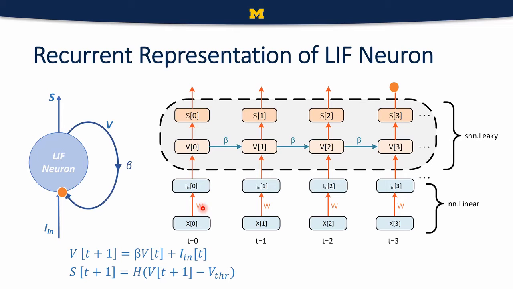W is your parameter, it's your neural network weight. You multiply these together, then that becomes your input current. Now, of course, you could have many, many inputs here that are all summed together, but that's where your learning comes in. And if you're familiar at all with PyTorch, this is simply a fully connected layer that can be represented by nn.Linear. You can concatenate that with a leaky integrate and fire neuron, snn.Leaky. So we'll get more into that soon.